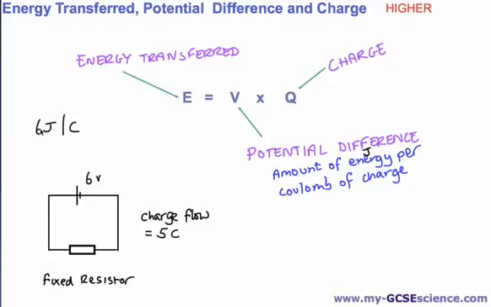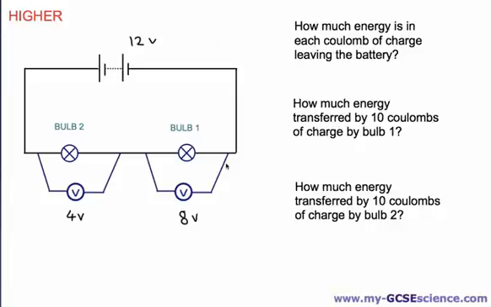So if we know there's 6 joules per coulomb and there's 5 coulombs, the energy transferred is basically 30 joules of energy. Okay, so the key to understanding this really is this idea here that potential difference means amount of energy per coulomb of charge. Now let's see how that looks in a potential question.